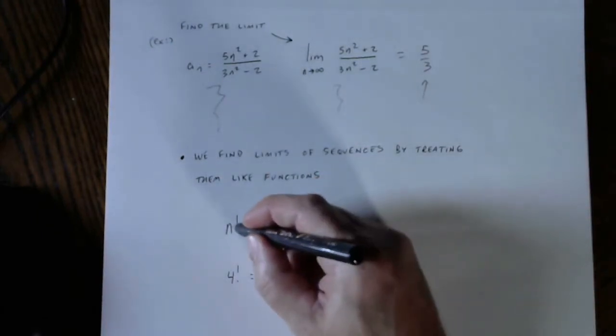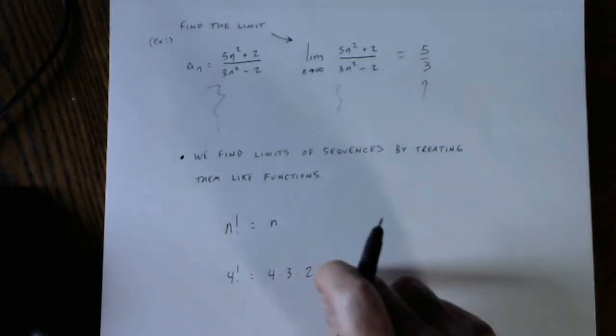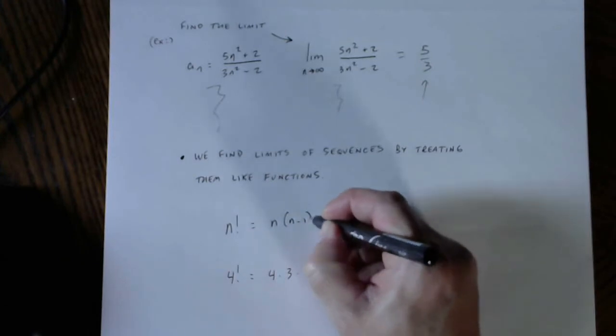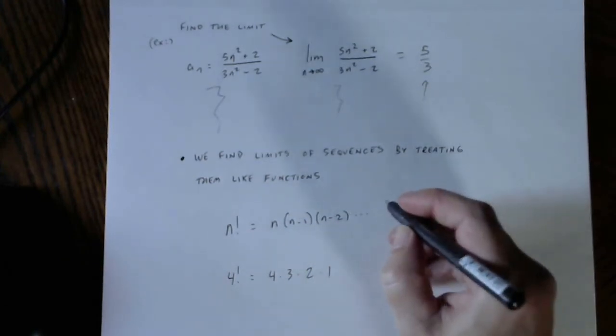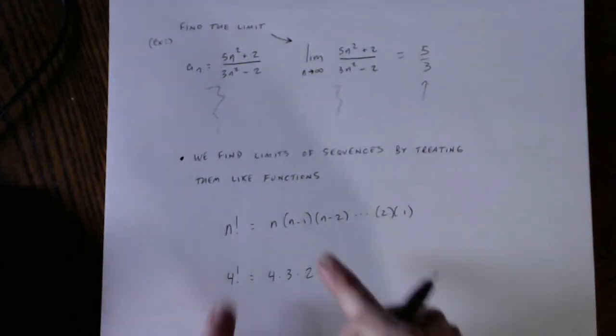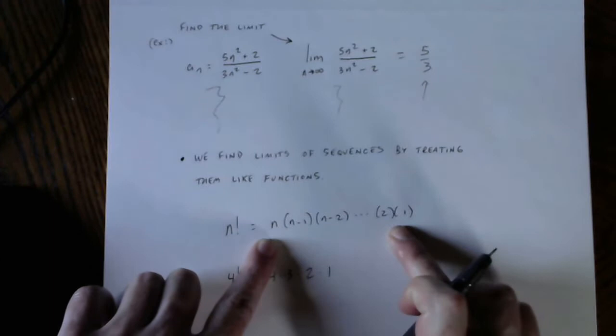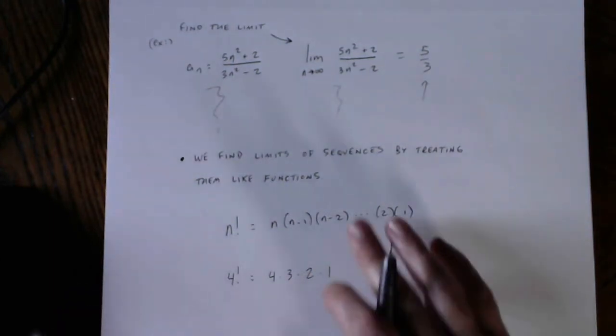You can write n factorial this way: n times n minus 1 times n minus 2, and so on, descending all the way to 1. That's n multiplied by every integer down to 1. You might see that.